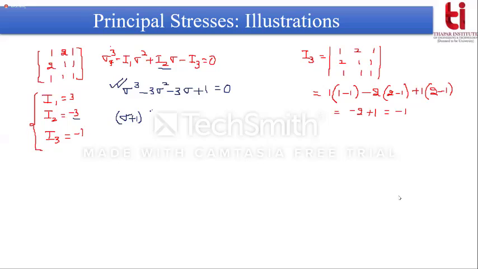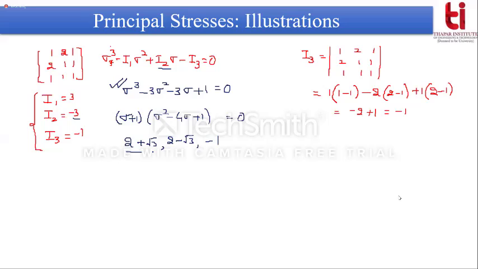So this is, let us say, (sigma plus 1)(sigma square minus 4 sigma plus 1) equal to 0. The three roots which one will get are 2 plus root 3, sorry, 2 minus root 3, and minus 1.